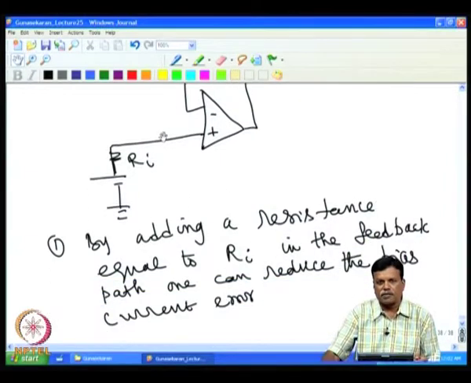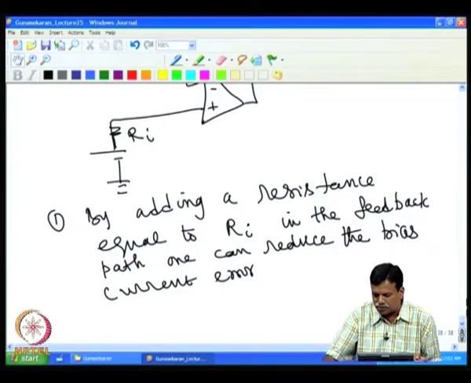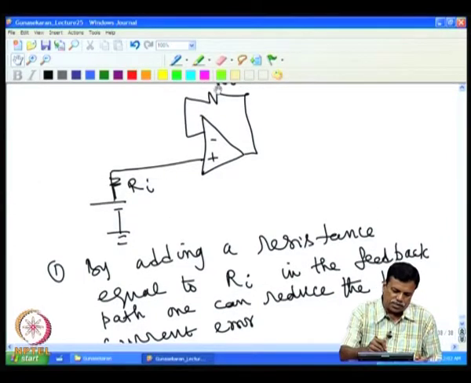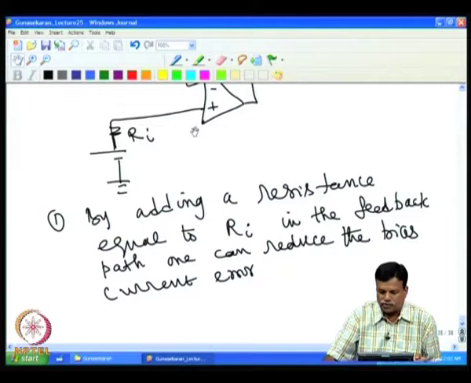Even then you have error because of the bias current, because even if I make these two resistances equal, this current and this current may not be equal. So, because of the offset current, even if the two resistances are equal you will have error.